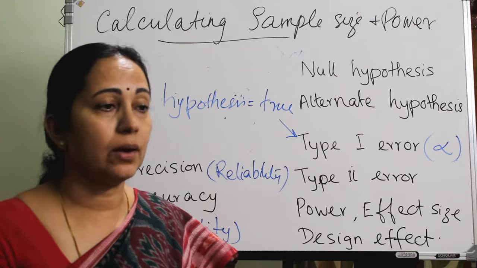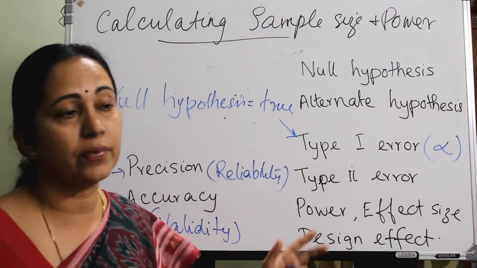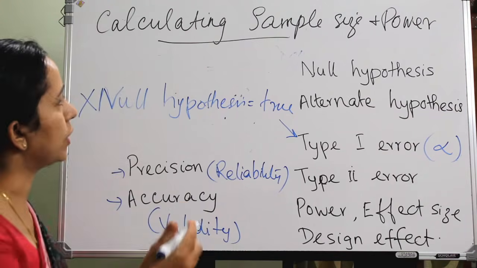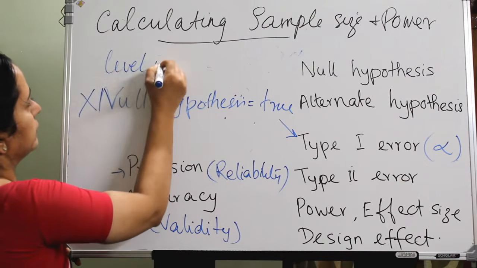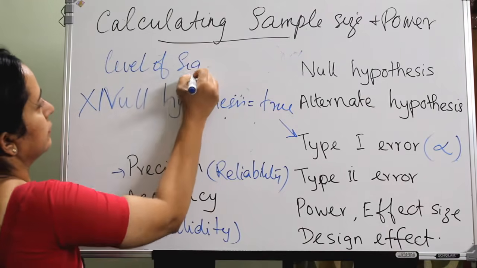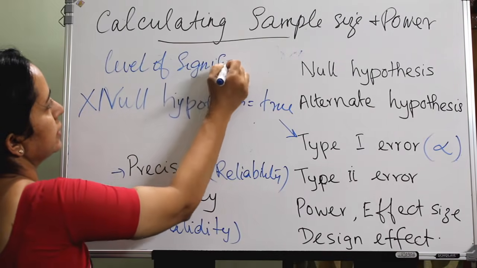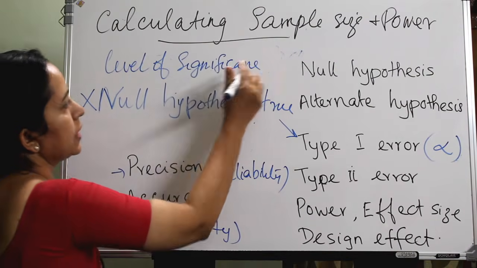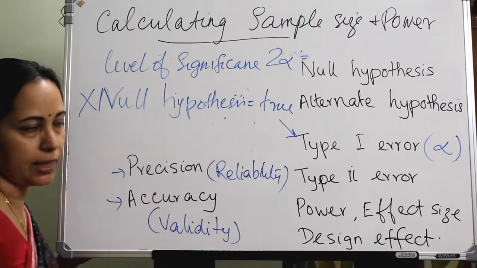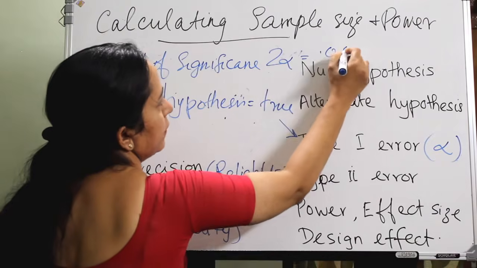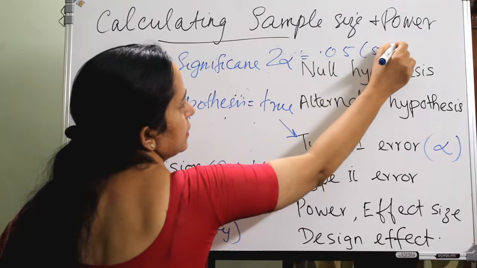So the proportion of alpha error in a study, we call it as a level of significance. And that is taken as Z alpha, and it is usually taken as 0.05 or 5%.